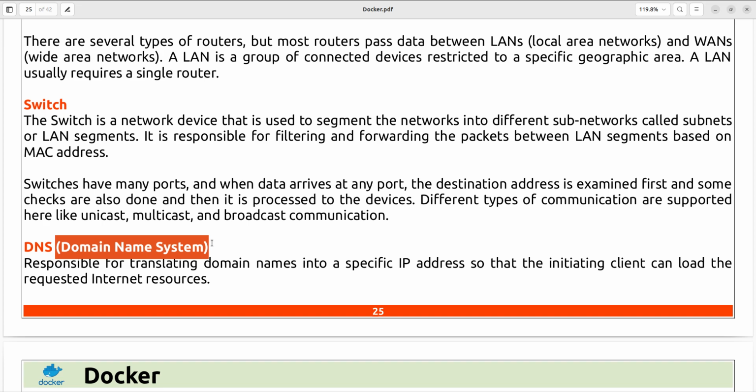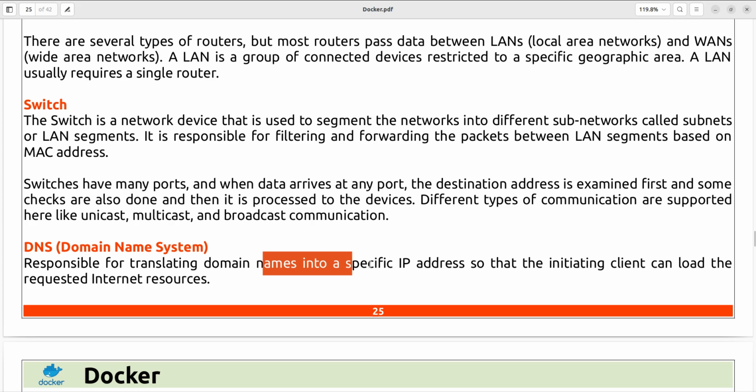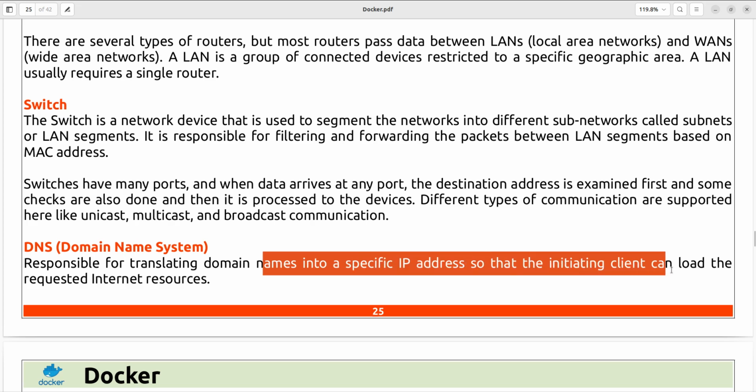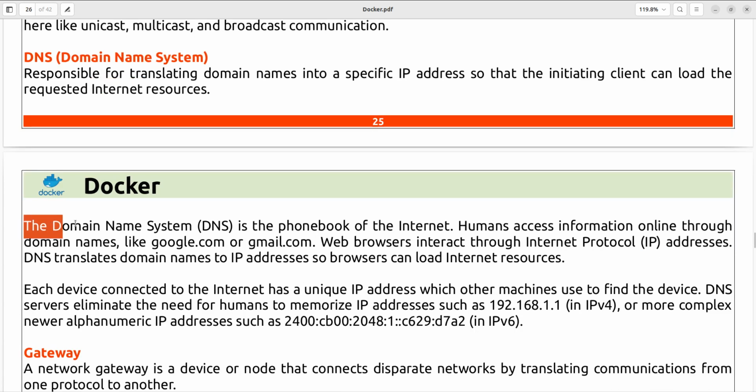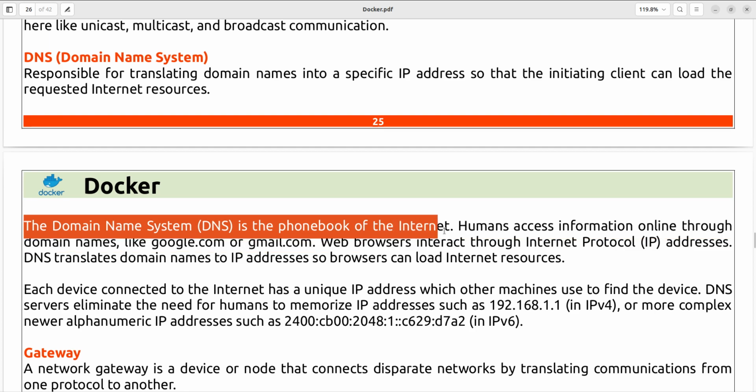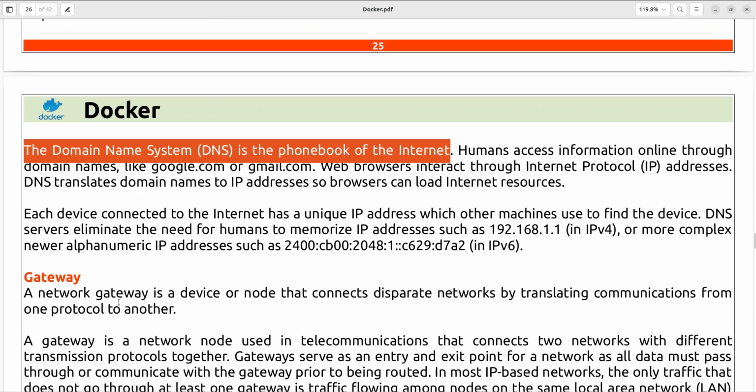That job is done by DNS, responsible for translating domain names into the specific IP address, so that the initiating client can load and request internet resources. Domain name server is the phone book of the internet. Simply, for the internet it is a phone book. Okay, that's it.